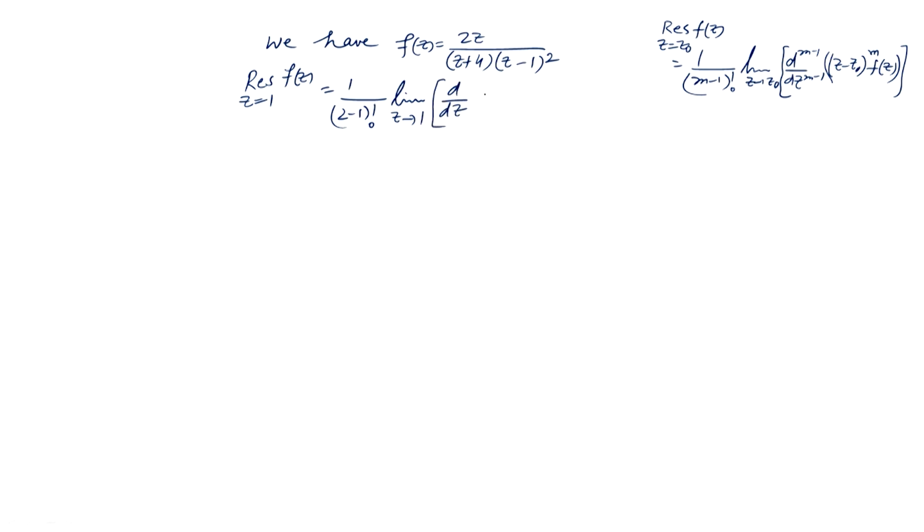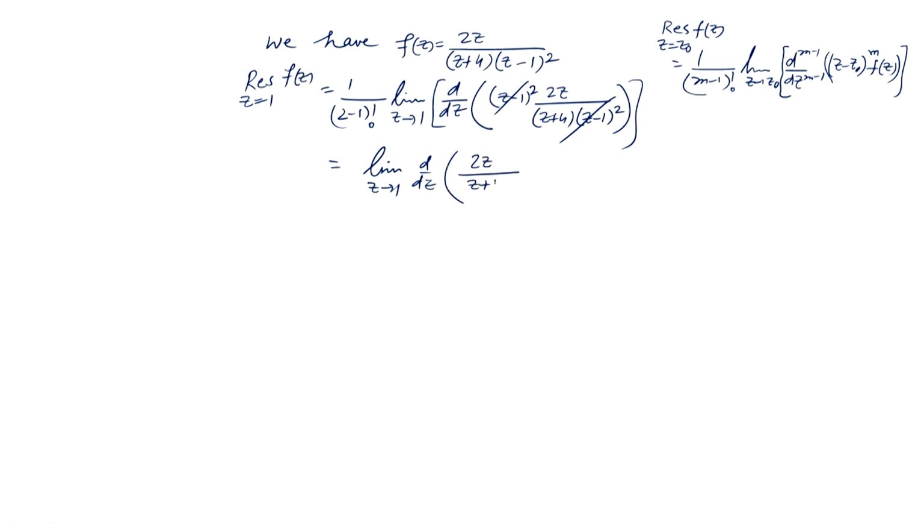Then for (z minus z naught) to the power m, we write (z minus 1) whole square into f(z). f(z) is 2z divided by (z plus 4) into (z minus 1) whole square, and we get 1 over 1 factorial, which is 1. So, limit z tends to 1, d over dz of 2z by (z plus 4).